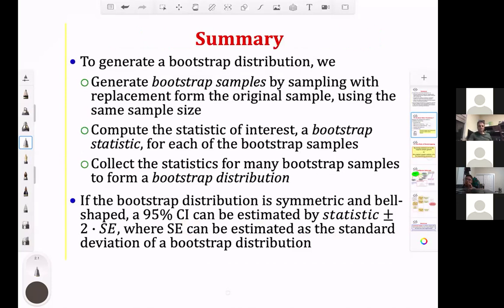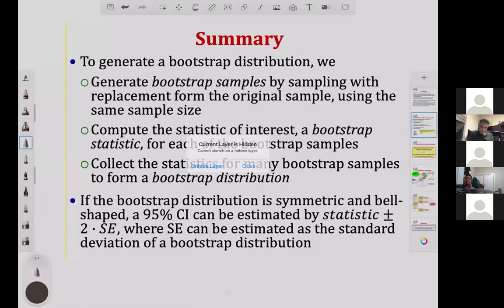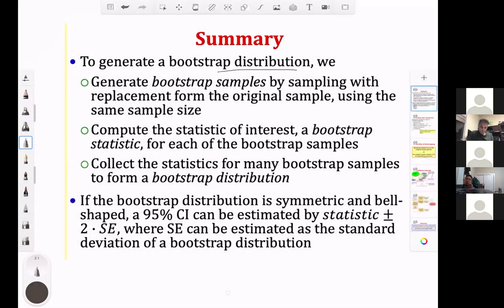So, summary, to generate a bootstrap distribution, this is a brand new topic for you guys. First, generate bootstrap samples by sampling with replacement from the original sample using the same sample size. Second, compute the statistic of interest, a bootstrap statistic, for each bootstrap sample.